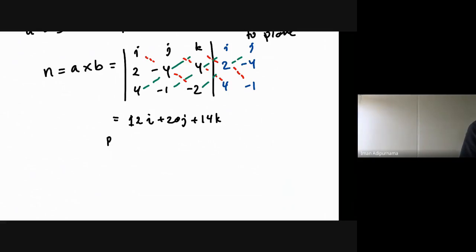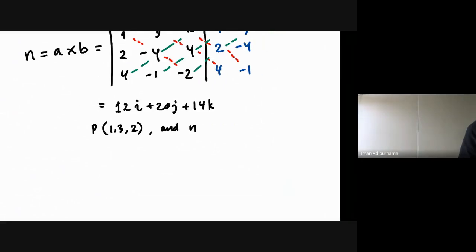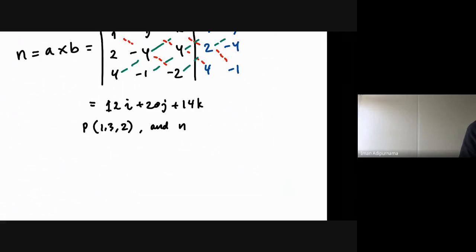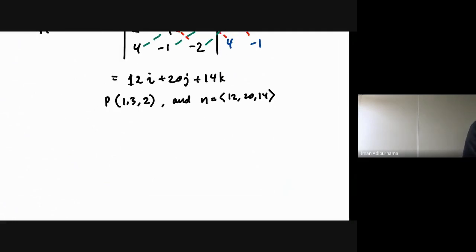So with point P as our initial point, so this is 1, 3, 2, our initial point, and n as the normal vector is 12, 20, 14. So our equation of the plane, let me write it down so that you remember how.